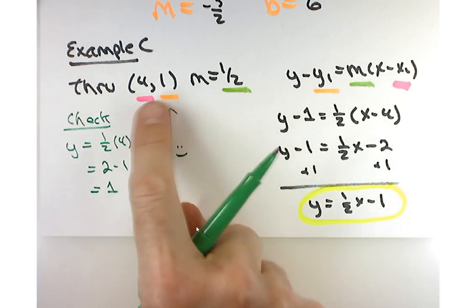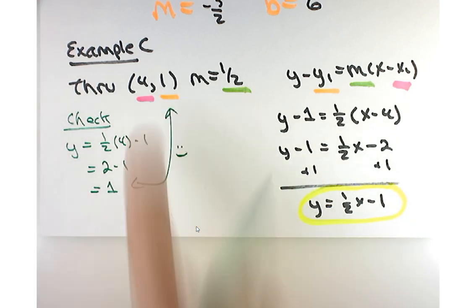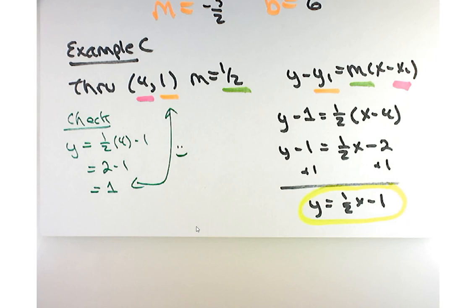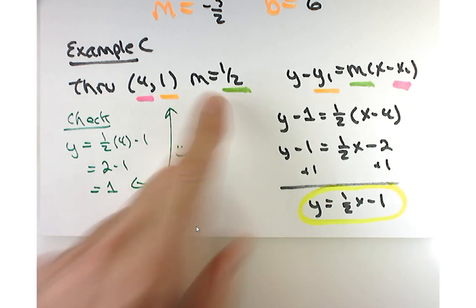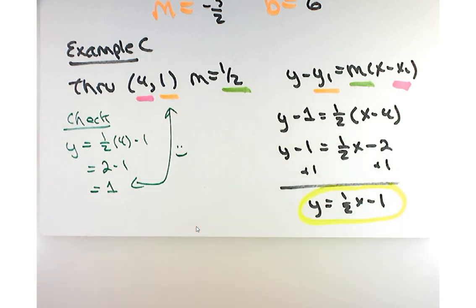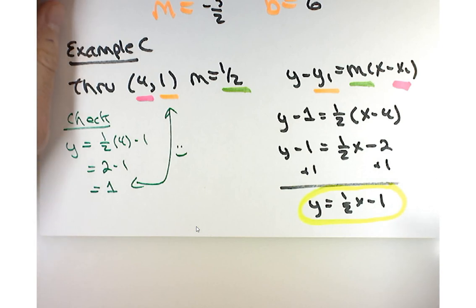So it passes through that point. But Jameson, I also need to assure myself that I have the right slope. That's actually easier though, right? How do I know I got the right slope here? You could plug in both of the coordinates. Like 4 and 1.